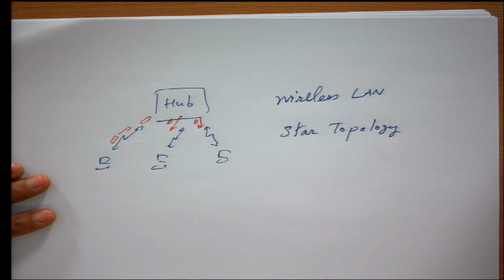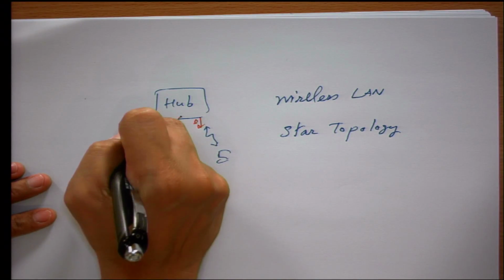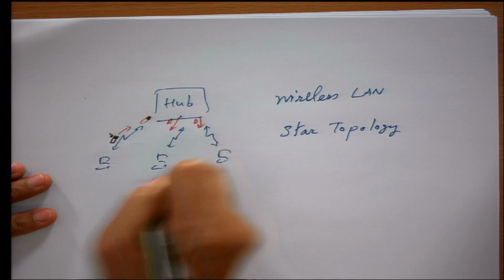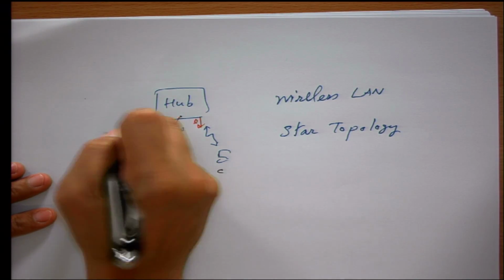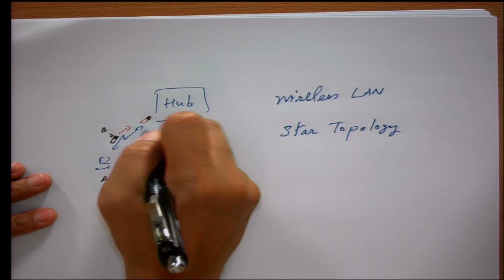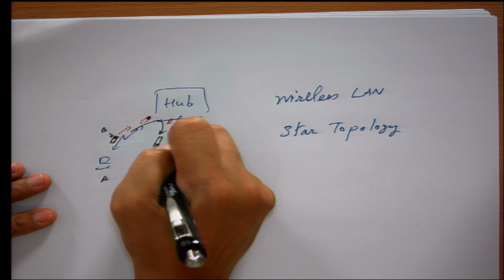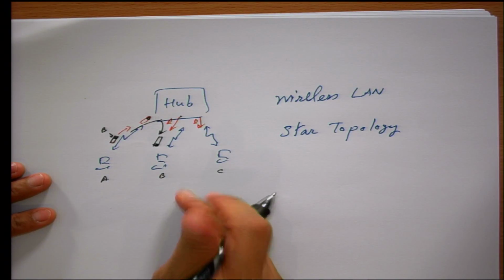Another way is that you can do switching. For switching, if B is the destination, the hub will just switch it to B only. So this is called switching.